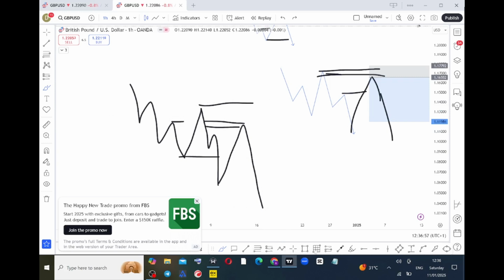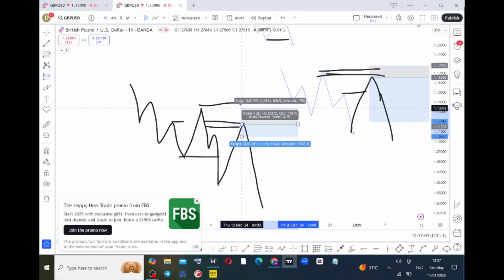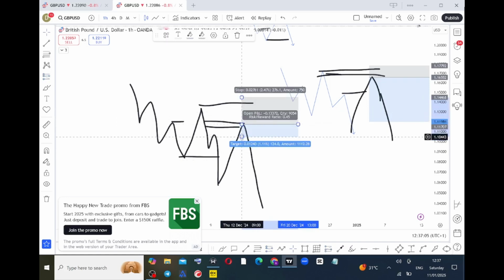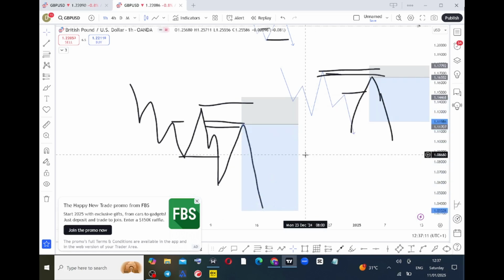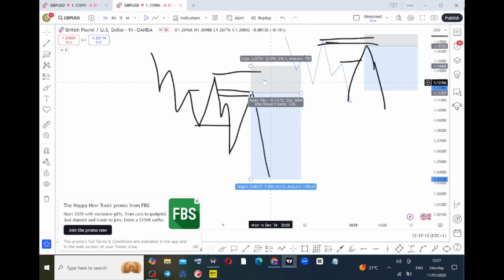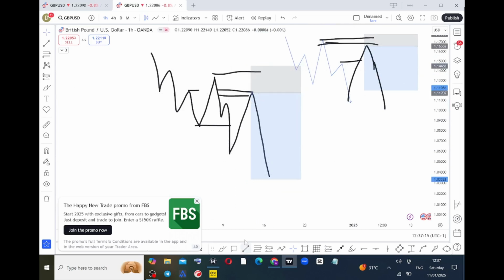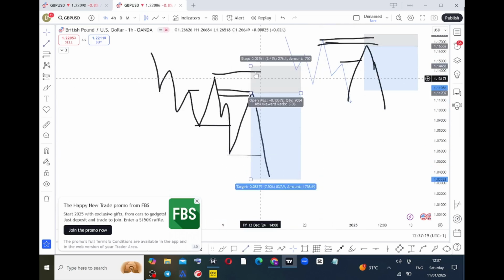I put my entry here like this, put my stop loss here, and I target 1 to 3. I have a method of managing my trade, so that's not going to be a problem. Immediately the market gets to this break of structure, I know that it has completed a structure.